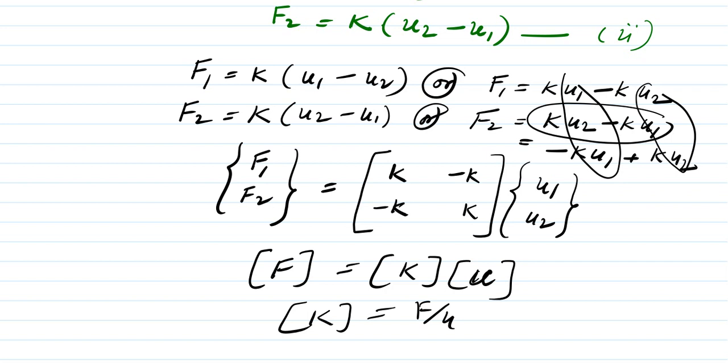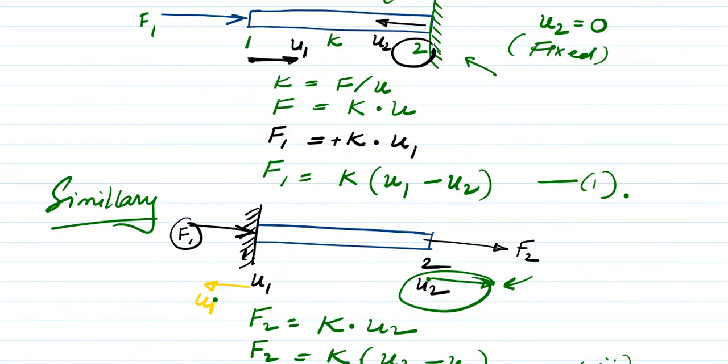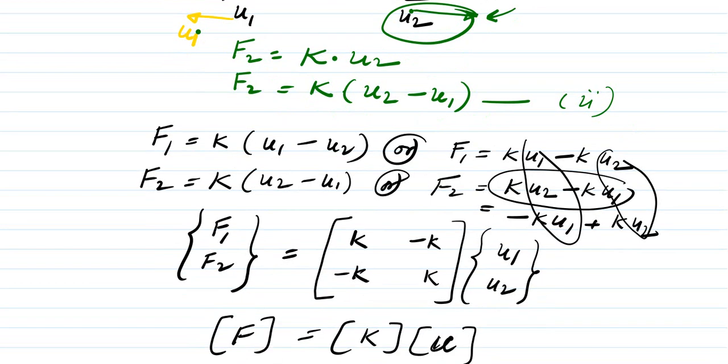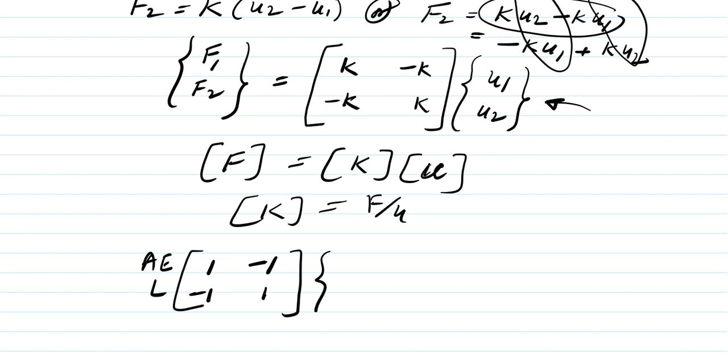Here you should know the value of K, which I already mentioned at the start: it is AE by L. If you take this equation again and take K outside, that is AE by L, and in the bracket you get 1, minus 1, minus 1, 1, and the displacements U1, U2 are equal to the force vector F1, F2.